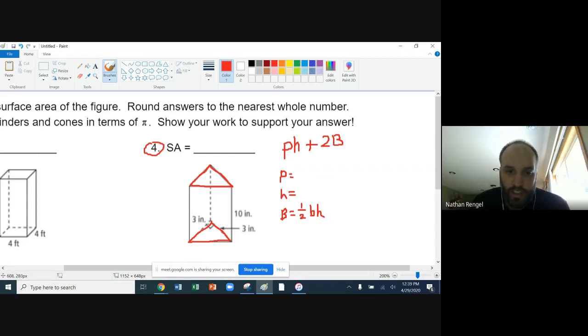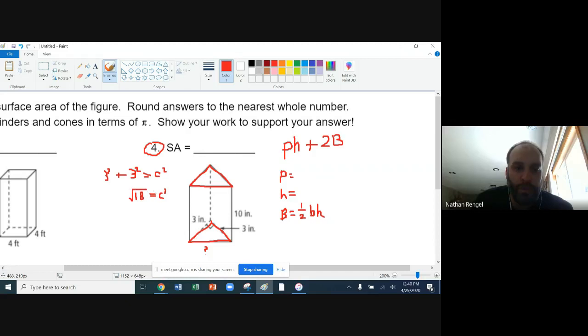It looks like I've got a length of 3 along this side, and a length of 3 here, but I don't know what that piece is. Anytime we have a right triangle and you know 2 of the sides, we can use the Pythagorean theorem. So 3 squared plus 3 squared equals my hypotenuse, c squared. 9 plus 9 is 18, so 18 equals c squared.